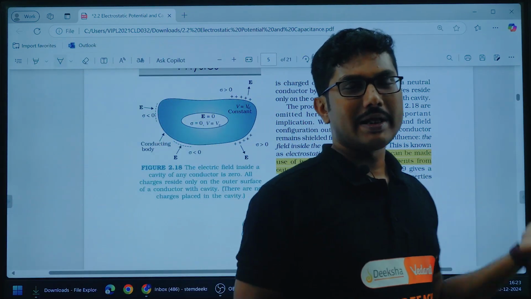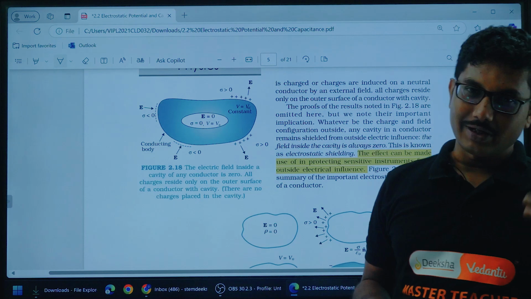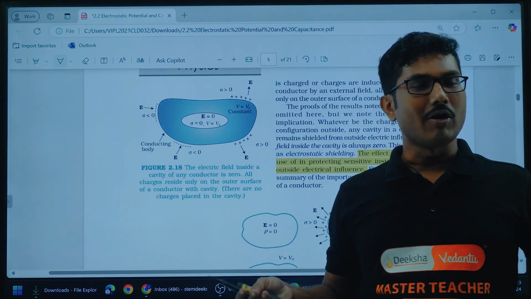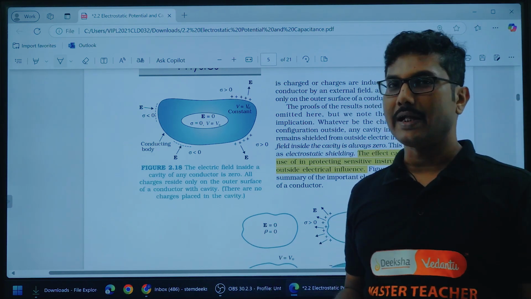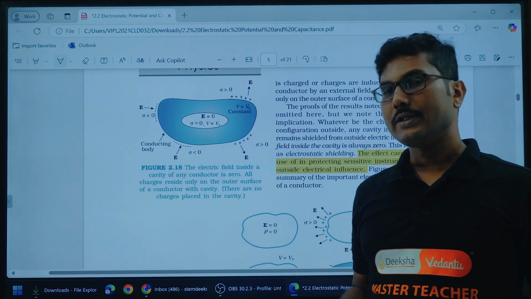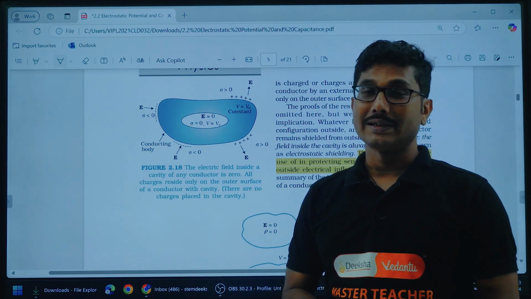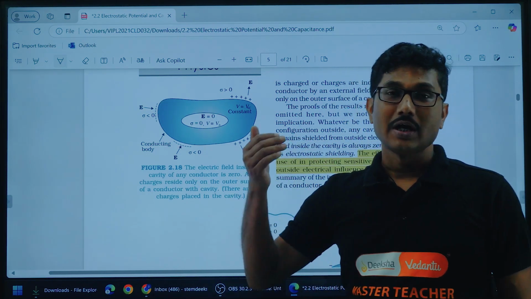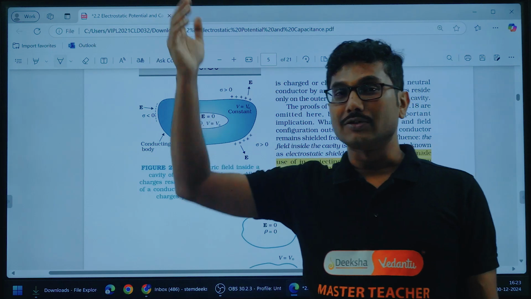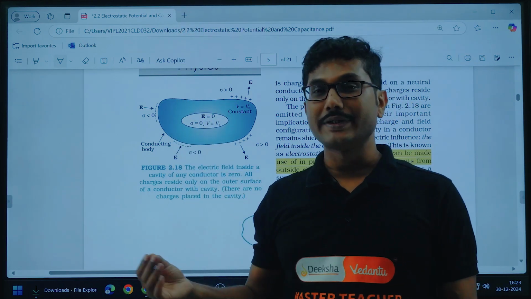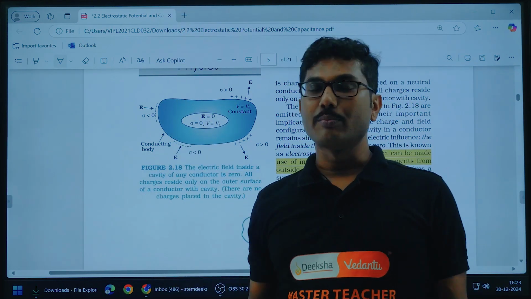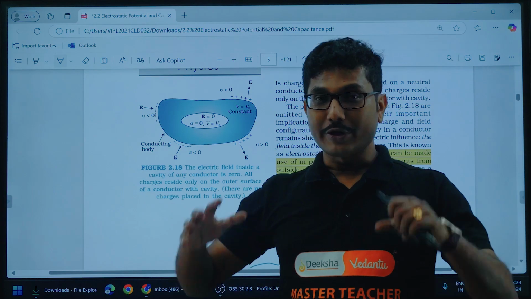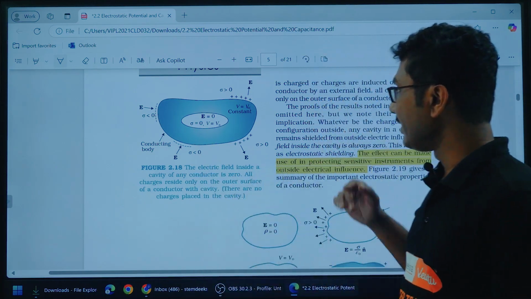Whatever is happening outside, electrical interference, everything will be kept out of that room. There are certain sensitive instruments, sensitive devices, which do not work if there is a lightning storm going on outside. They are so sensitive that you have to put them inside a protected room. That is why this is very, very important.